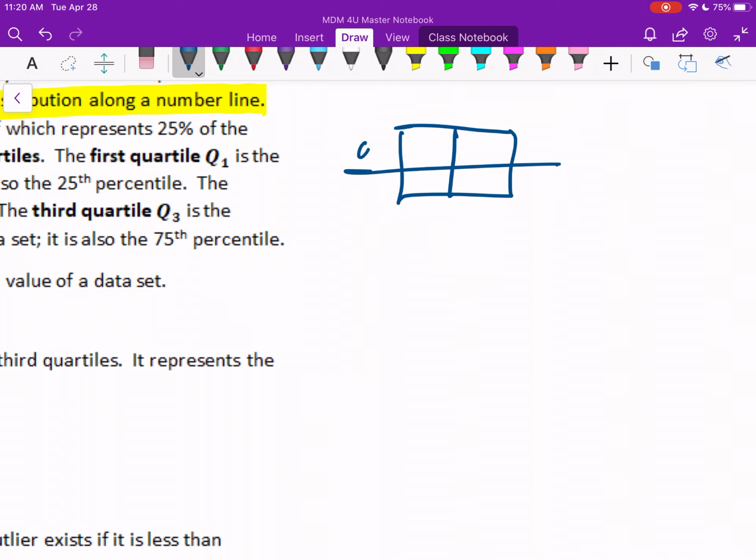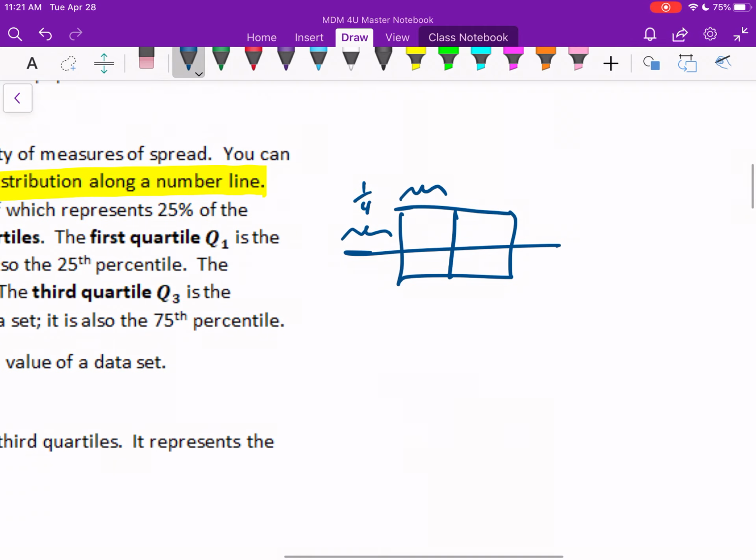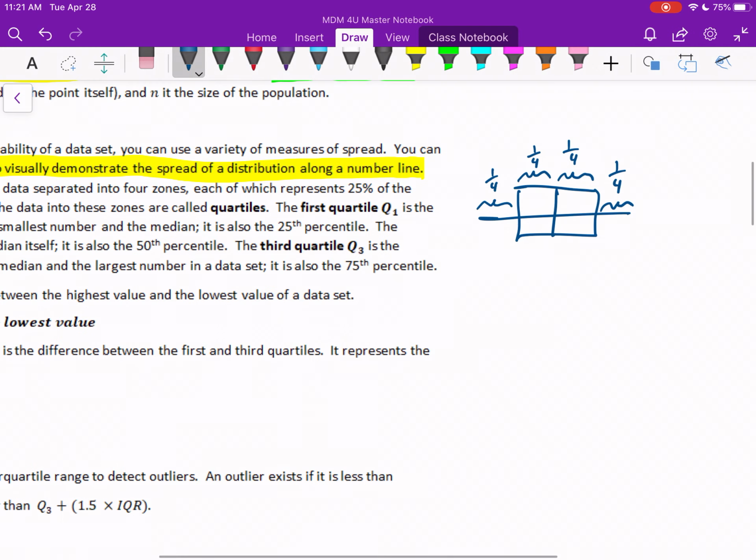So 1/4 of the data here will be represented by this, and 1/4 of the data by this part, and 1/4 here. And obviously when I add up these 4 quarters, that's going to add up to 100% of the data. So that's the way we're going to look at it. And then these lines are going to give us actual numbers dividing it up.